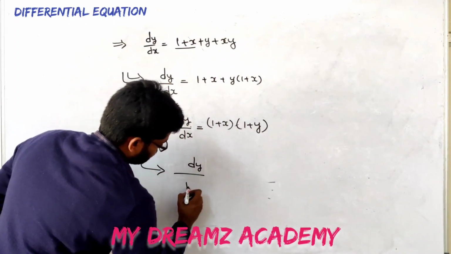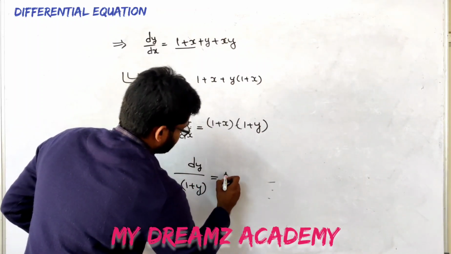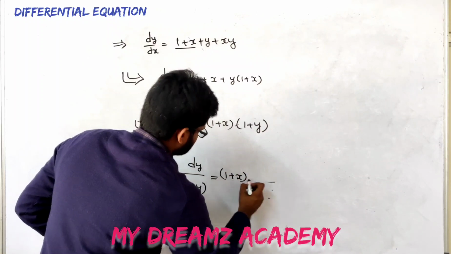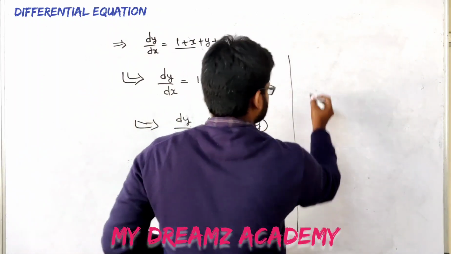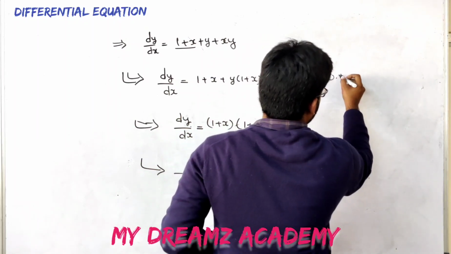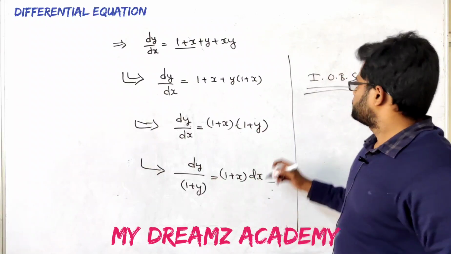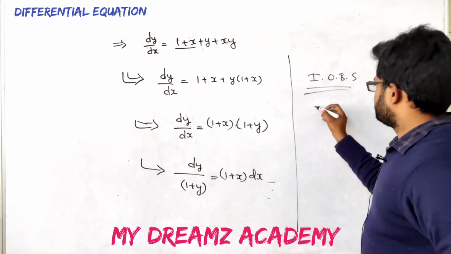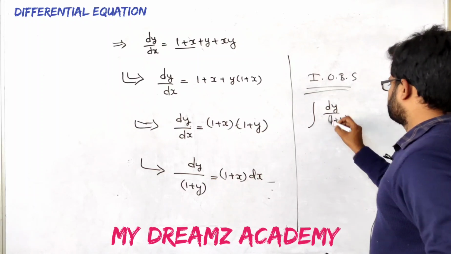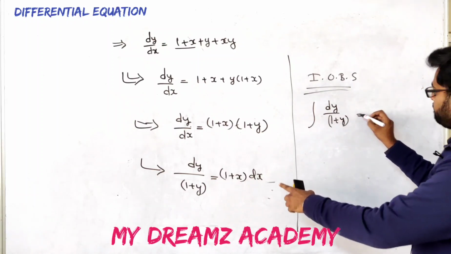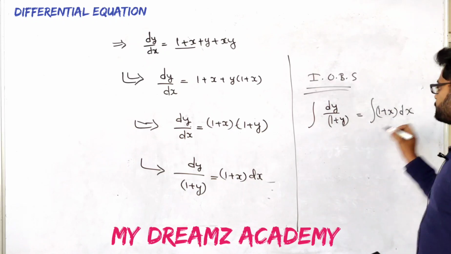Separate the variables now: dy by (1 plus y) is equal to (1 plus x) dx. Integrate on both sides. What will you get? The integration of dy by (1 plus y) and the integration of (1 plus x) dx.